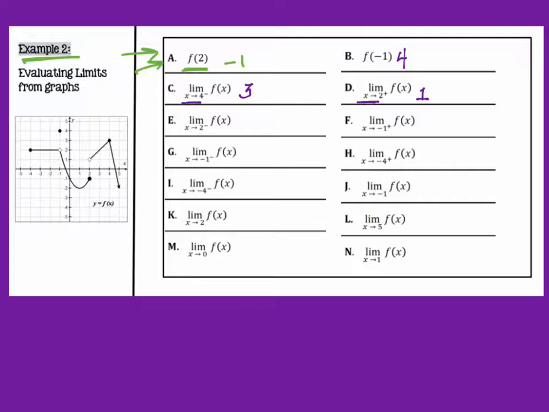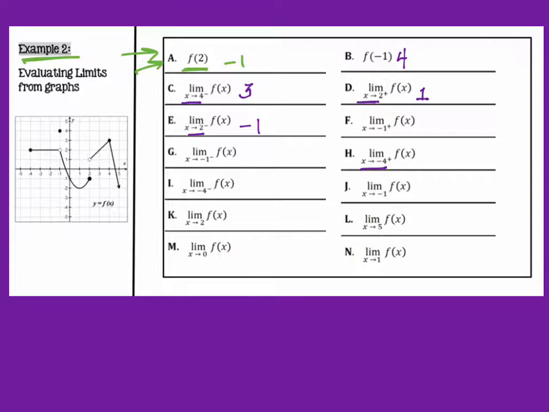Okay, let's keep going. E, the limit as x approaches 2 from the left. Here's 2, and if I'm approaching 2 from the left on the graph, I'm at -1. All right, F, the limit as x approaches -4 from the right.